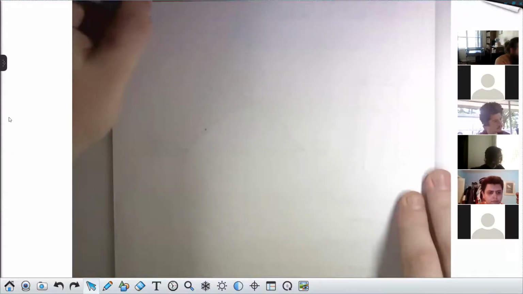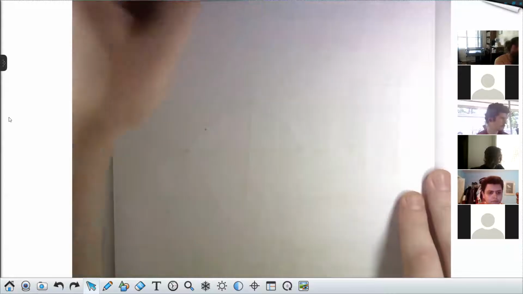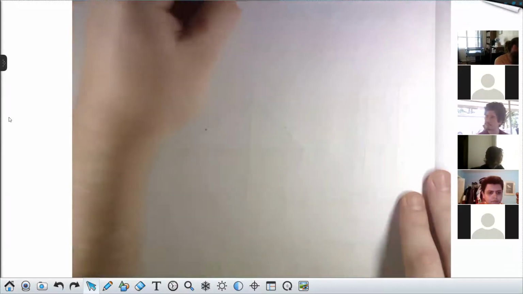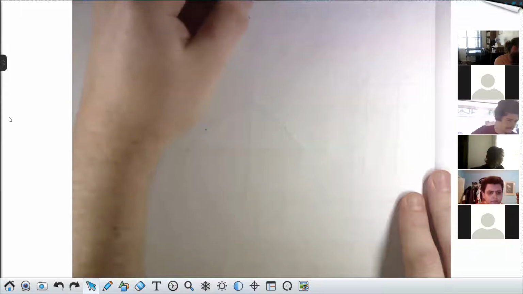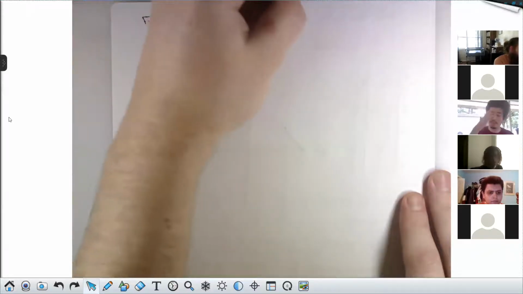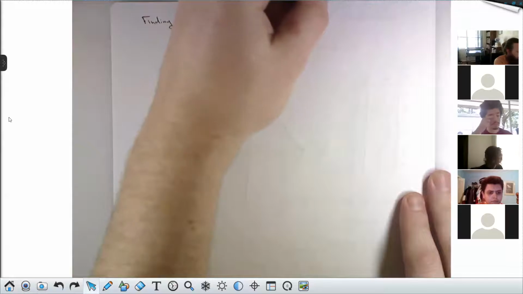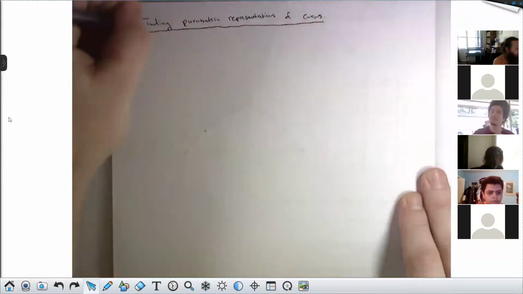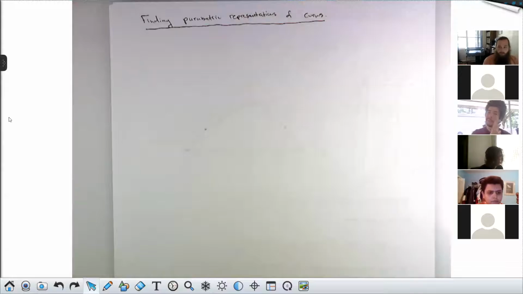Finding parametric representations of curves. So if I give you something like y equals f of x, I give you some curve that you know, I can ask you to find a parametrization.